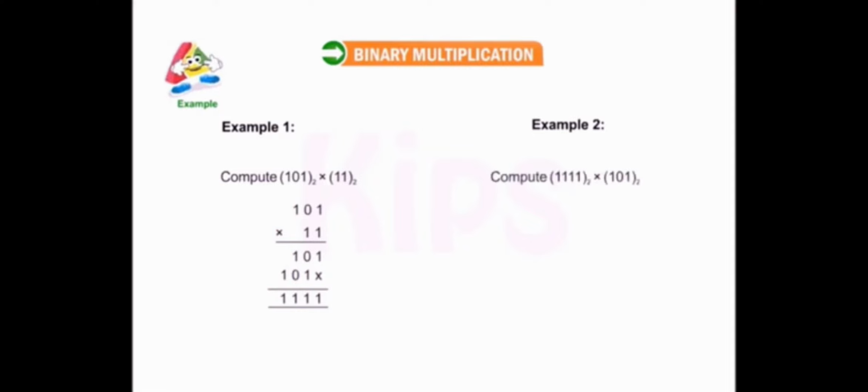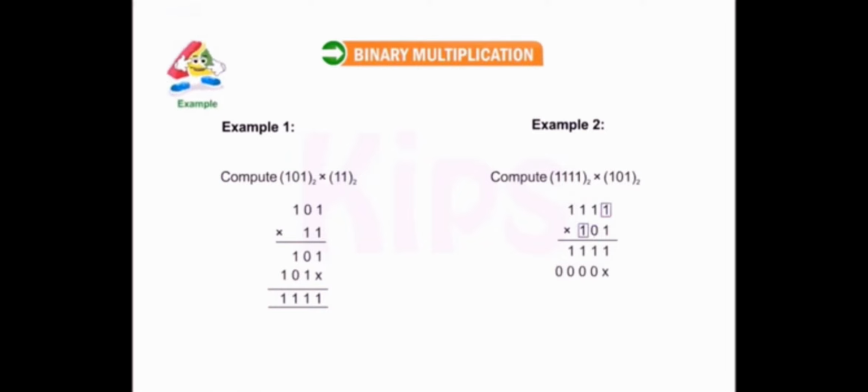Example 2. Compute binary 1111 multiplied by binary 101. 1111 multiplied by 101. 1 into 1 gives 1, for each of the four digits. 0 into 1 gives 0, for each of the four digits.